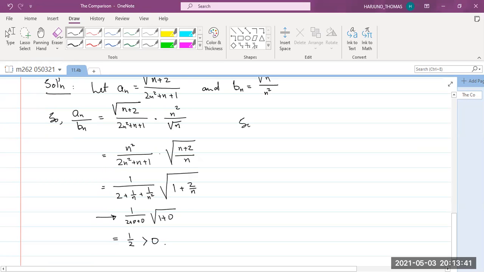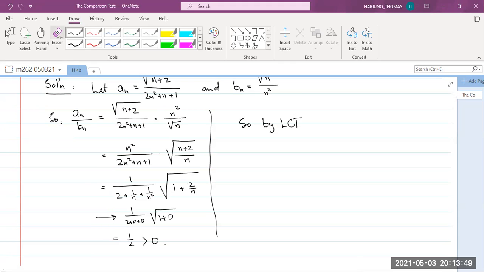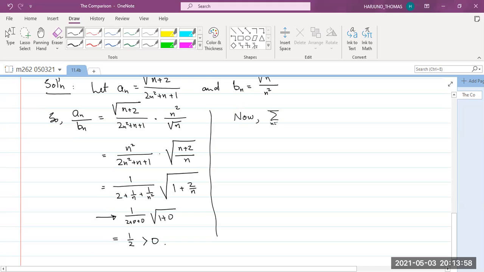So by limit comparison test, oh, you know what? I need to first say that the series b sub n. Now, the series from 1 to infinity of b sub n, square root of n over n squared, is equal to the series 1 over n to the 3/2, which is convergent by p-series.